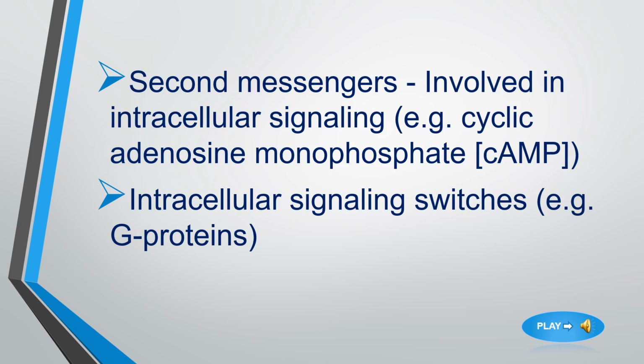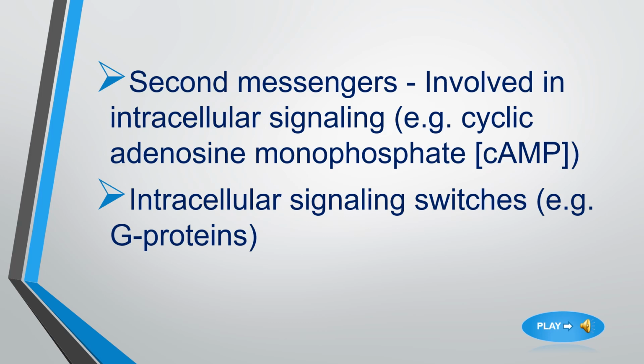Cyclic AMP is formed in response to the interaction of glucagon with its G protein coupled receptors on the surface of hepatocytes.